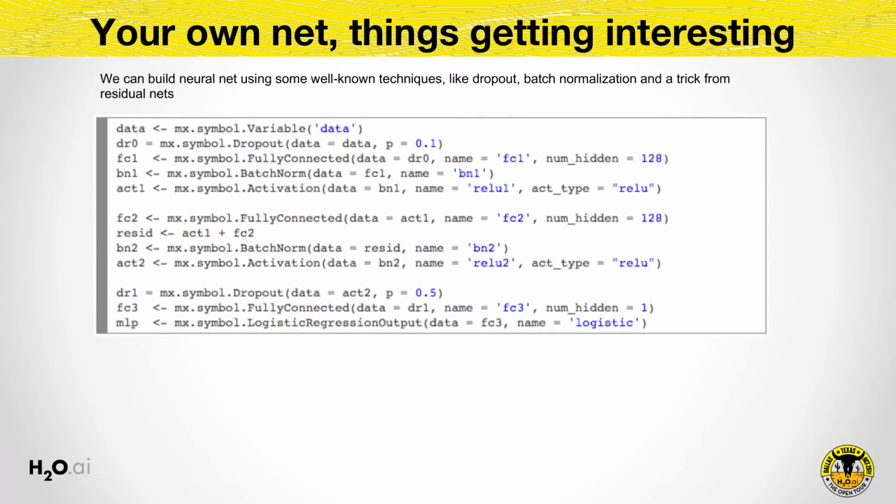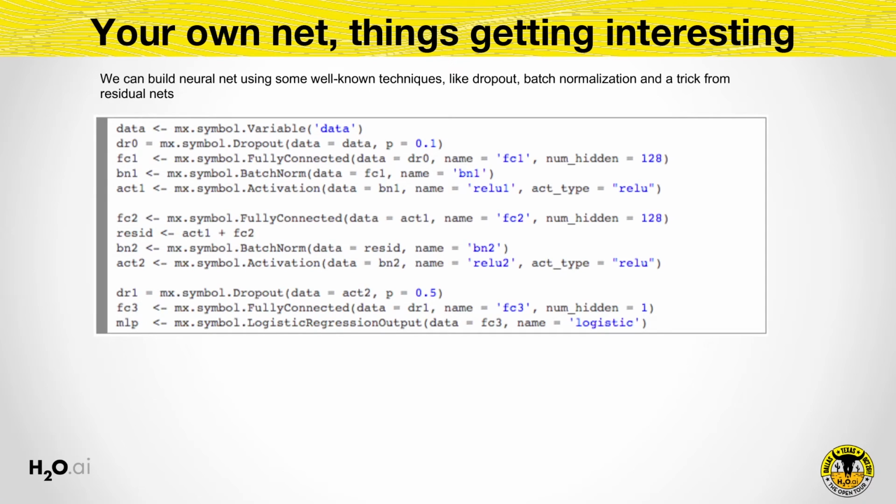For example, for this data set, I decided to create an additional network to slightly improve the results. I added a dropout layer right after the input layer, which is variable data, with a quite small probability, just to help the model learn something useful.